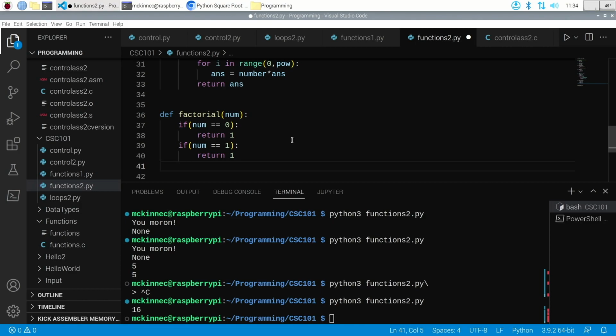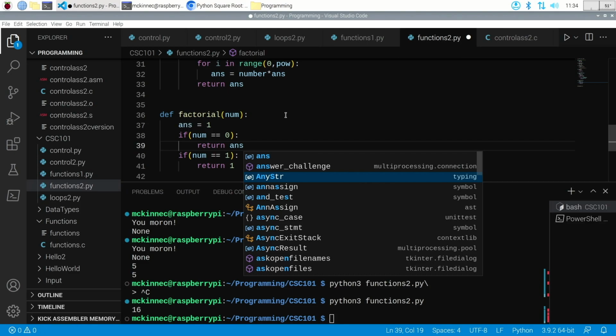All right, if the number is bigger than 1, what do I do? So like 5 factorial, how did I compute that? Multiply everything from 5 to 1, okay? And if I'm going to do that, let me define answer to be 1, and then in this place I can just return answer instead.